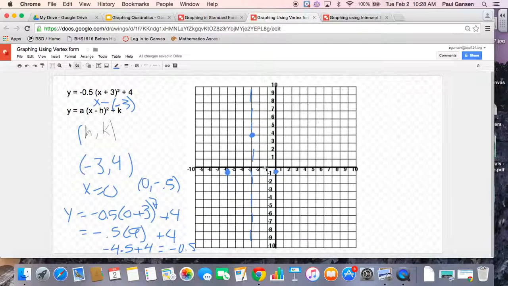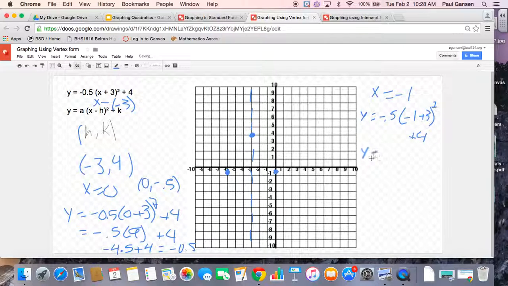I'd say we should probably get one more of these in here. I'd either test negative 2 or negative 1 and see what happens. So what happens when x is equal to negative 1? We have y equals negative 0.5 times (negative 1 plus 3) squared plus 4. Negative 1 plus 3 is 2. 2 squared is 4.